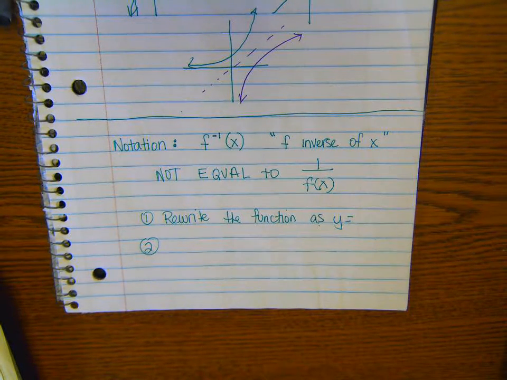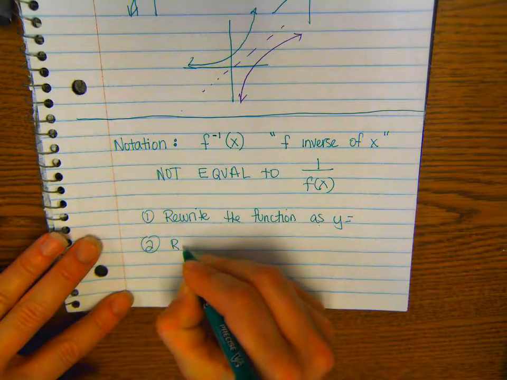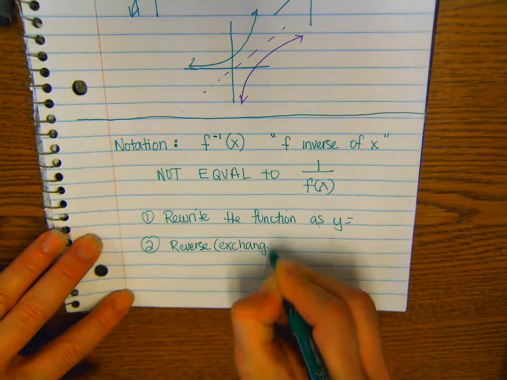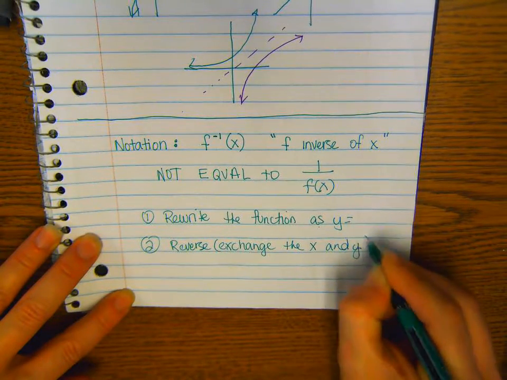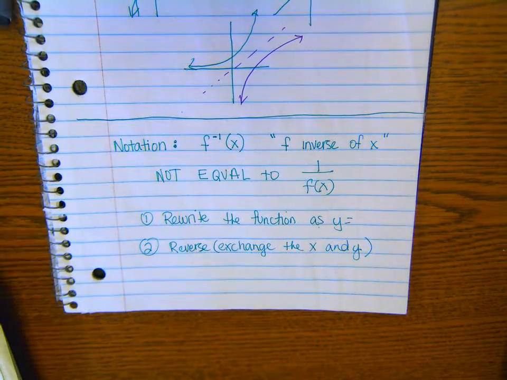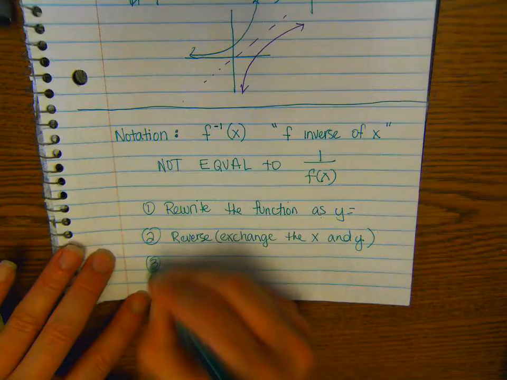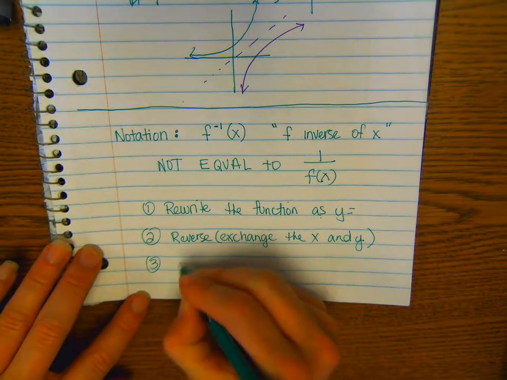Number 2, you reverse or exchange the x and y. And number 3, we have to write it in function notation again, so now we solve for y.